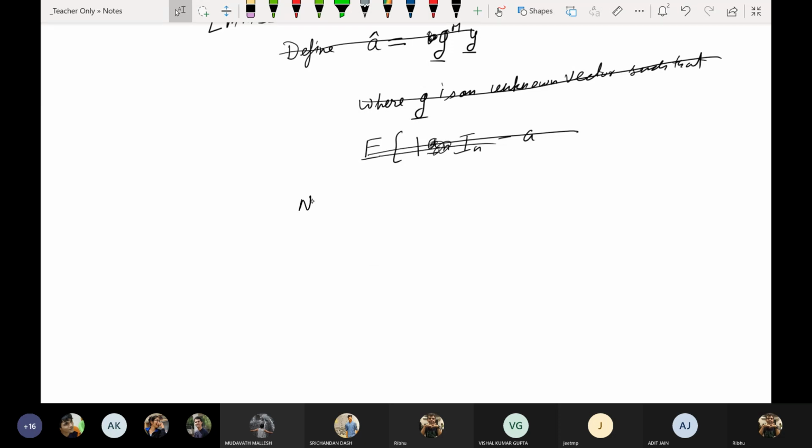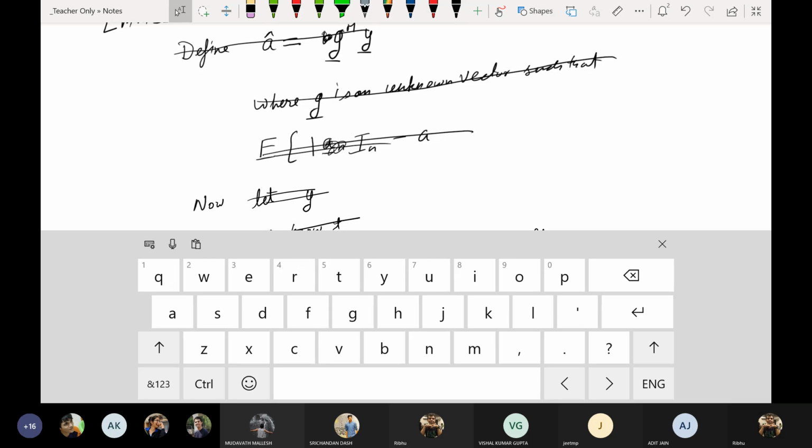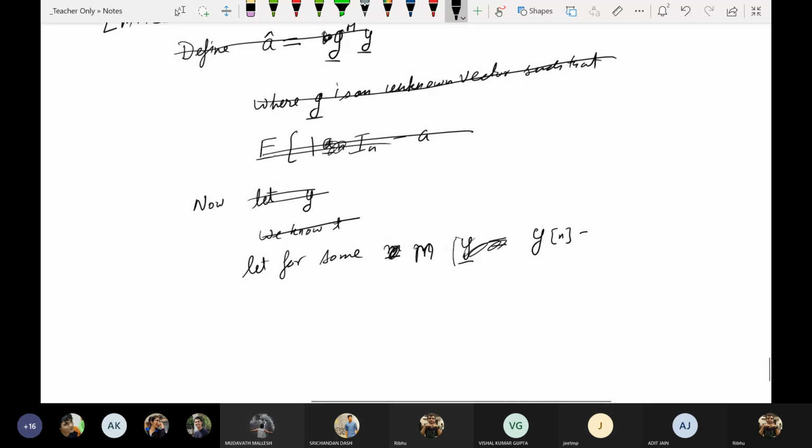So now let, for some capital M, Y equals n plus m minus 1.